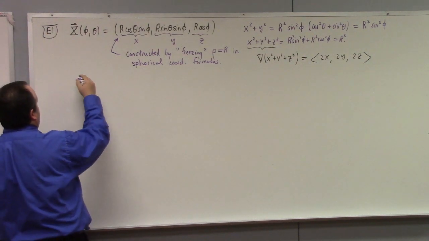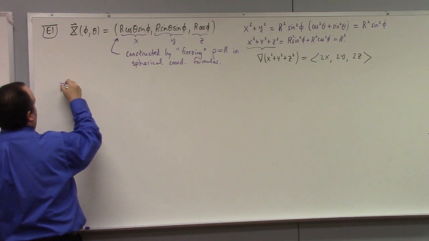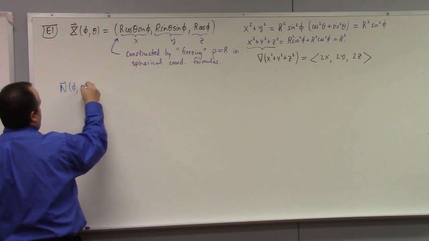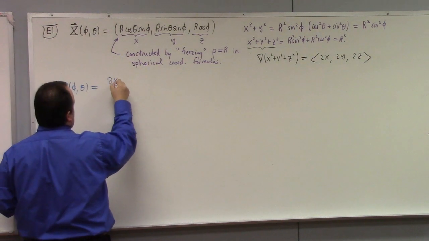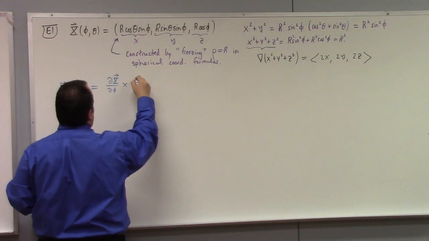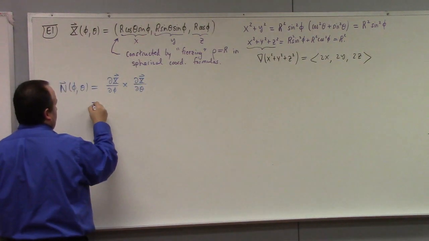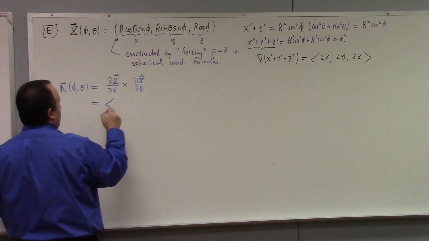So we need to calculate the partial velocities. The normal N of phi, theta is partial x, partial phi, cross product with partial x, partial theta. Now what are we looking at there? What is partial x, partial phi?